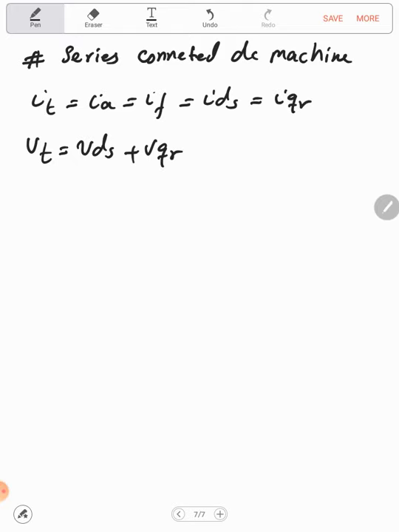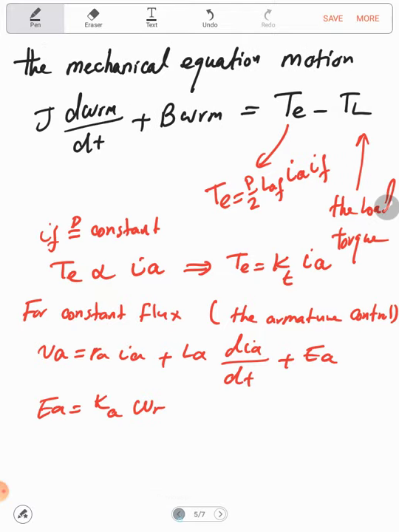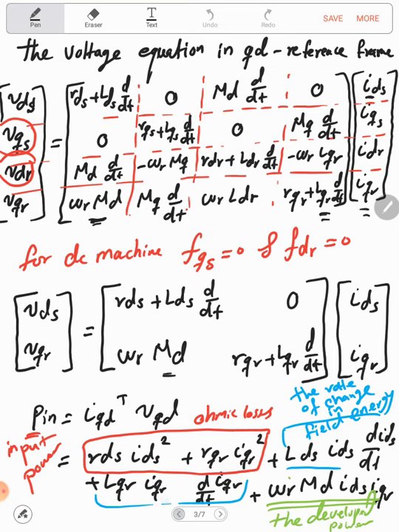So simply, in order to find the voltage equation, we will go to the DQ voltage we already have, and I will add VDS and VQR. Then I will substitute IDS by IT and IQR by IT.